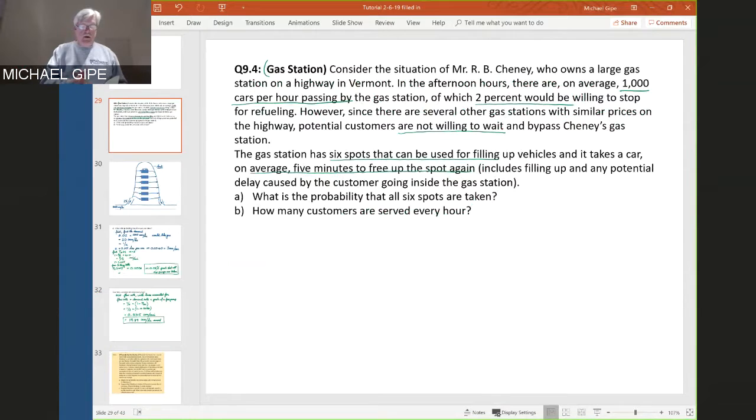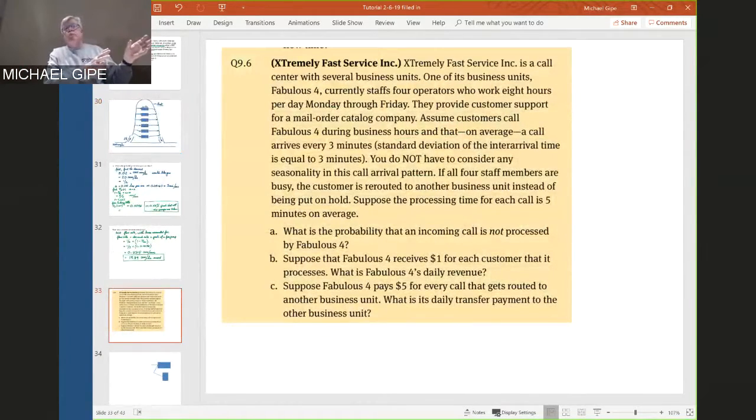Moving right along here. Go to something a little bit more complex, not too much. Again, Chapter 8, we had variability that caused waiting, people to wait, and people were willing to wait forever. And we saw how higher utilization numbers caused a lot of waiting time.